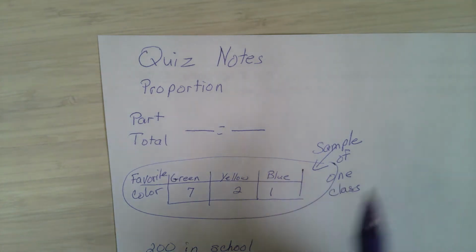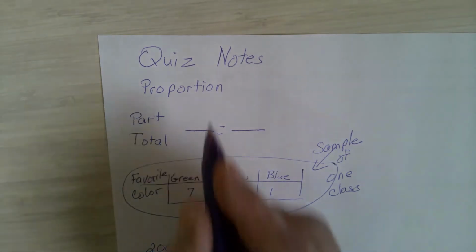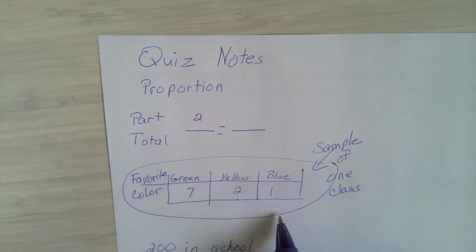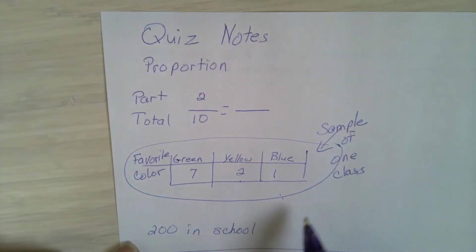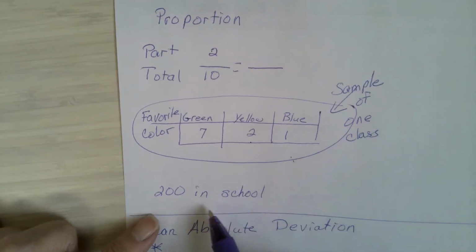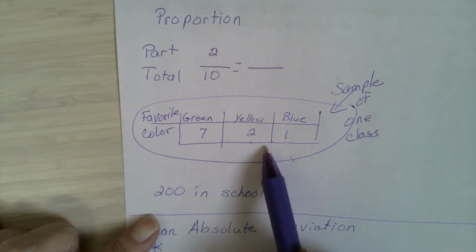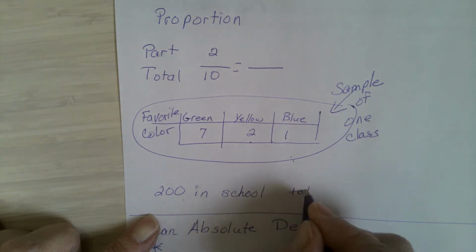And in this class, two kids liked yellow. Well, the part that liked yellow is 2. And in the sample, the total people in the sample is 10. Now, we want to go from this sample to see how many of the 200 kids in the school had yellow as their favorite color. Well, 200 is the total.